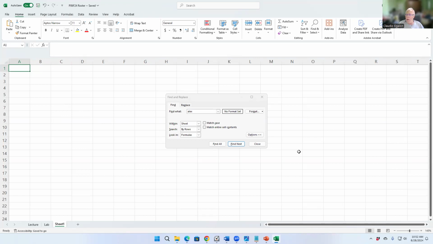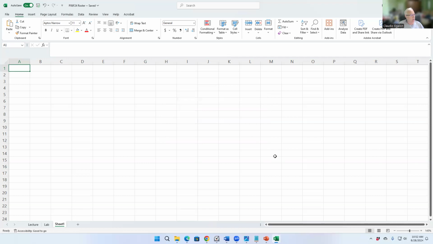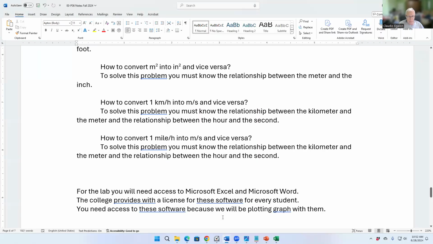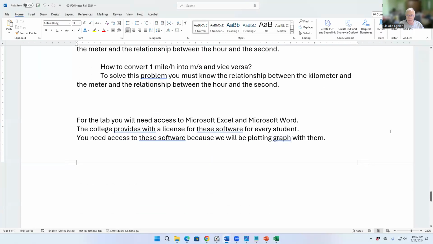You should have a blank spreadsheet right now. And what we're going to do is plot a graph. So let me document here. First thing we're going to do is come up with a numeric table.